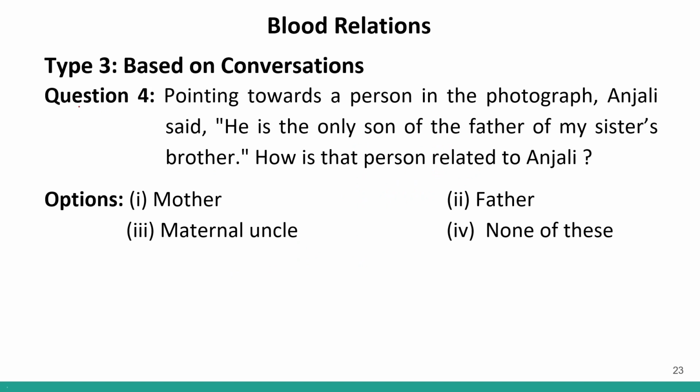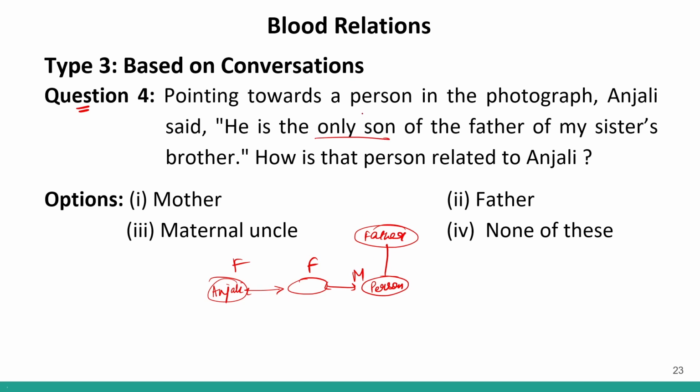Okay. Question number 4 says, pointing towards a person in the photograph, Anjali said, he is the only son of the father of my sister's brother. Let's say Anjali is over here. Anjali is female. Anjali's sister's brother's father.